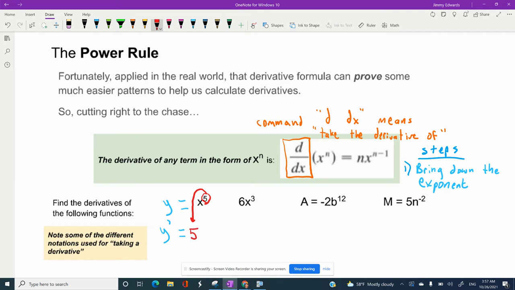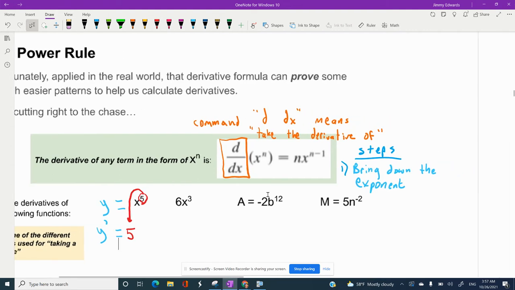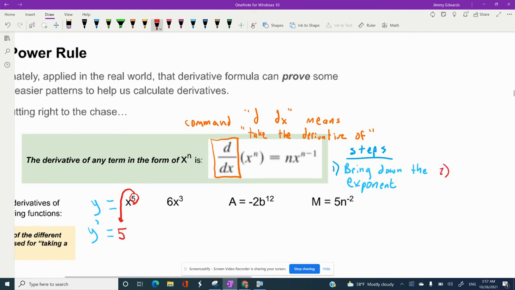And then step two for the power rule is subtract the exponent by 1. Okay, so those are the 2 steps of the power rule. So what does that mean? 5 times x, subtract 5 by 1, which is all to the 4th power.